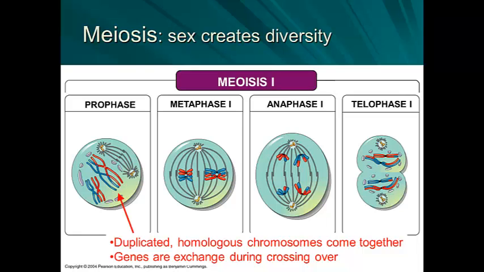These represent duplicated chromosomes, say from your dad, and these blue chromosomes represent duplicated chromosomes from your mom. Remember, these carry the same genes, very similar genes, so they're homologous. They find each other, line up side by side, and make an equal swap.